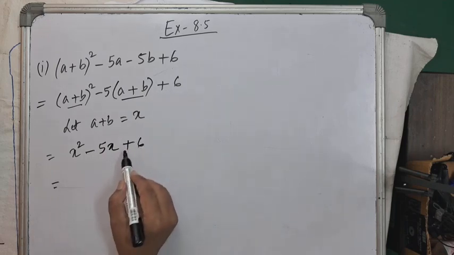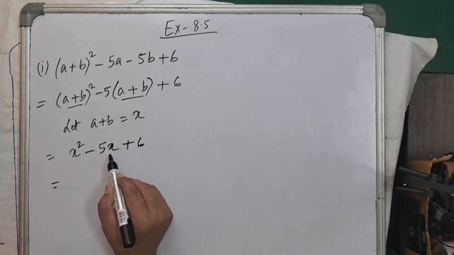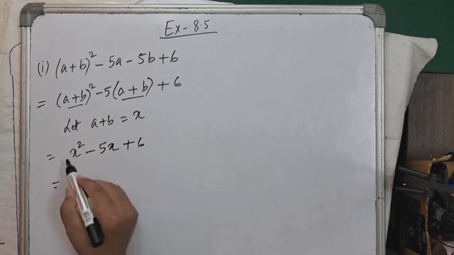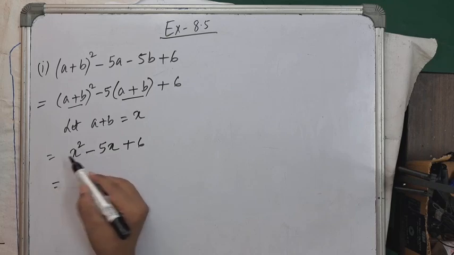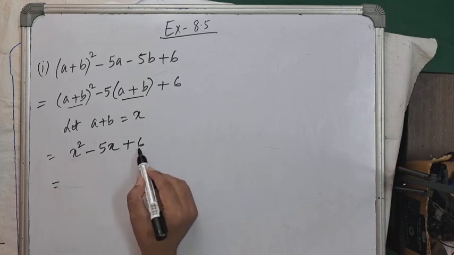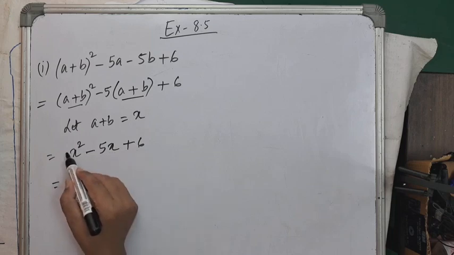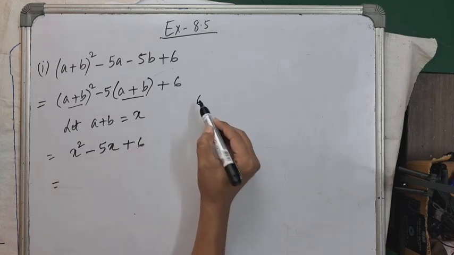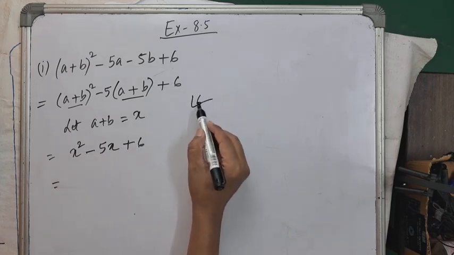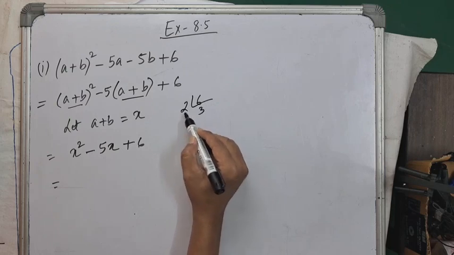So we can factorize this by middle term factorization. We multiply the coefficient of x² with the constant number: 6 into 1. If there is no number, we must consider 1. 6 into 1 is 6. After that, we find the factors of 6: 2 threes are 6.